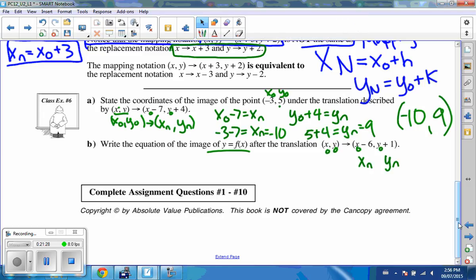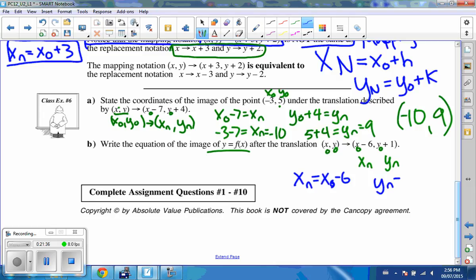So I can now write x new equals x old minus 6, and y new equals y old plus 1. I'm going to isolate for my old point to get it back into replacement notation. So I'm leaving off my new y. And x old equals x new plus 6.